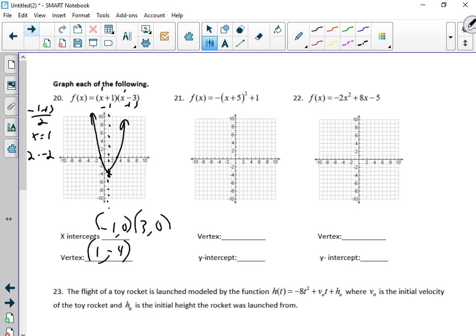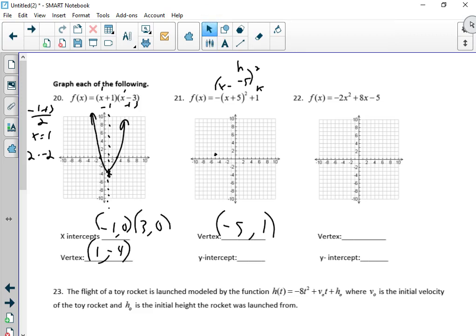Okay, this is vertex form. Remember, this is really x minus negative 5 squared. So here's my h, here's my k. Negative 5, 1. There's my vertex right there. Now for this, I would just use my calculator to get other points.